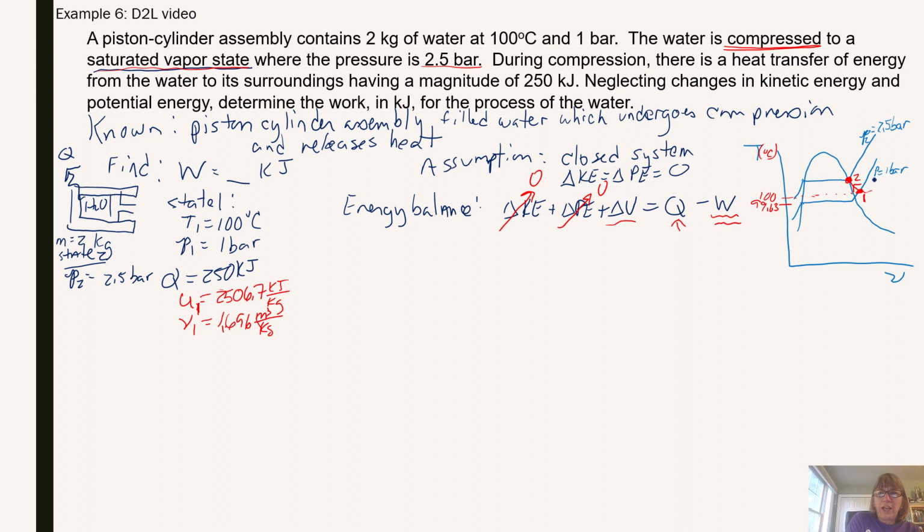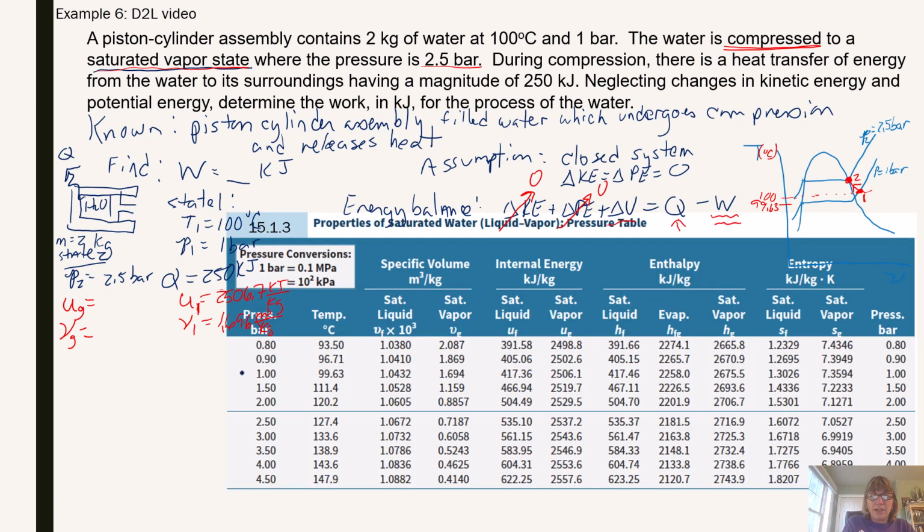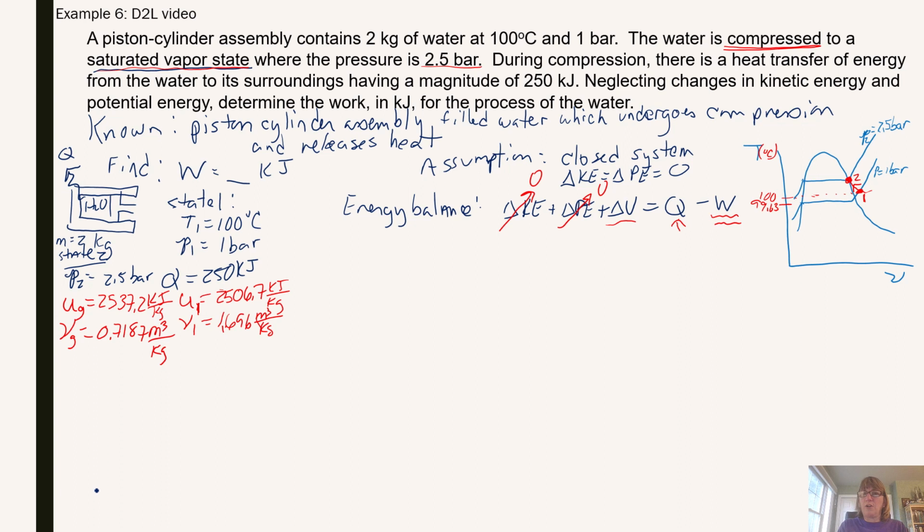And so for that information, we need the saturated vapor internal energy and specific volume. So let's look at our table that we had before. For 2.5 bar, which is right here, we have our saturated vapor values for our internal energy and for our volume. So we're done with the table, and we can solve our problem, right?